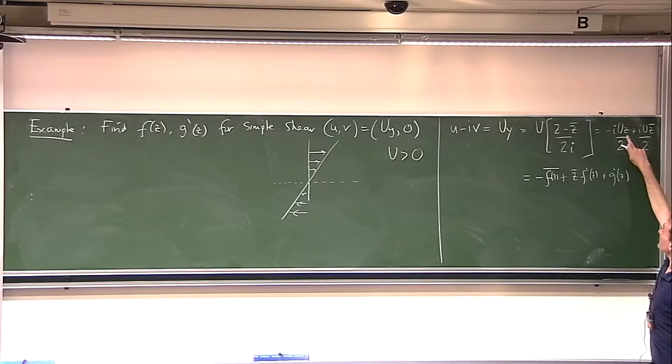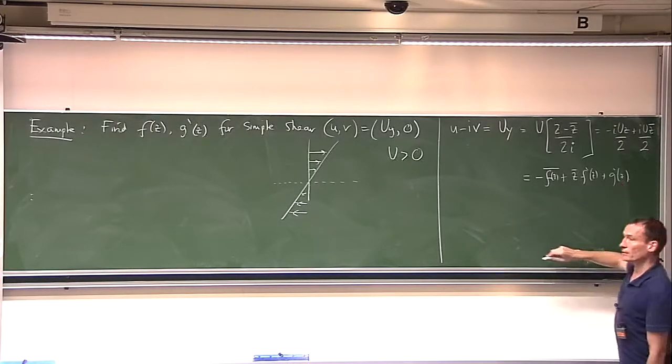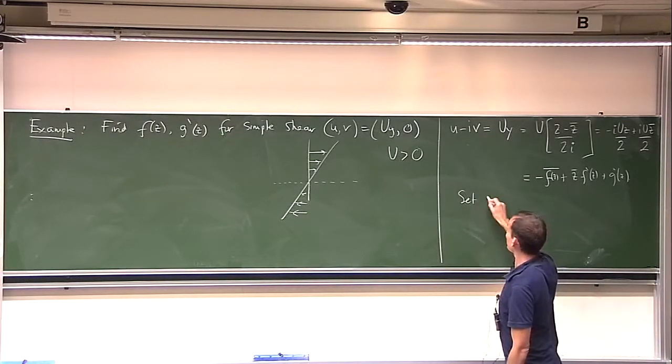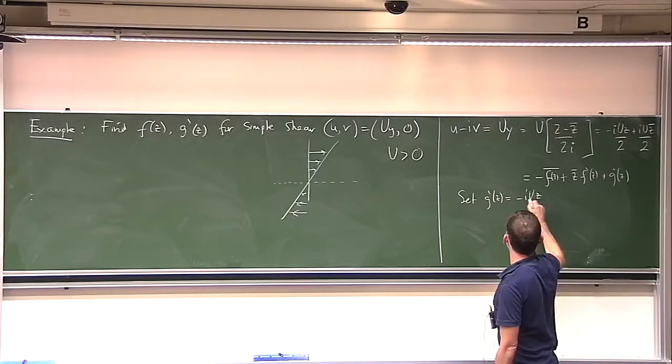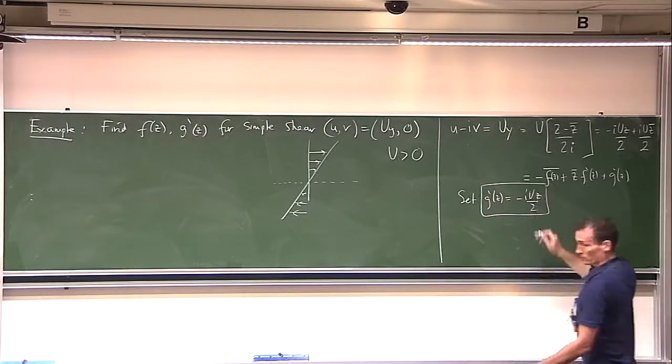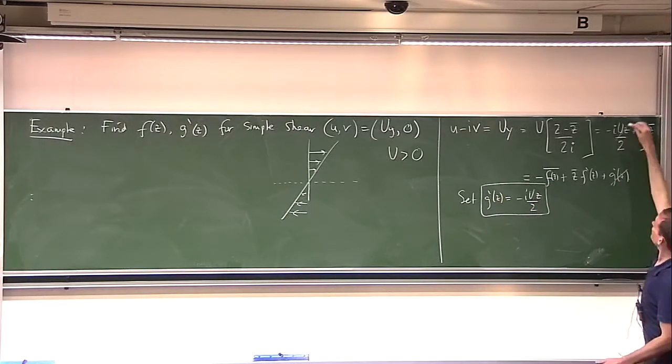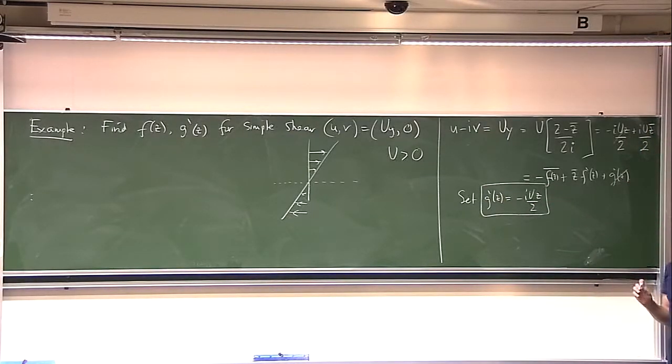But look, this is an analytic function, and the only analytic function I've got here is G prime. Does everyone see? So I'm going to set G prime, there's only one way to do this, G prime to be minus IUZ over 2, so that this is the same as that.